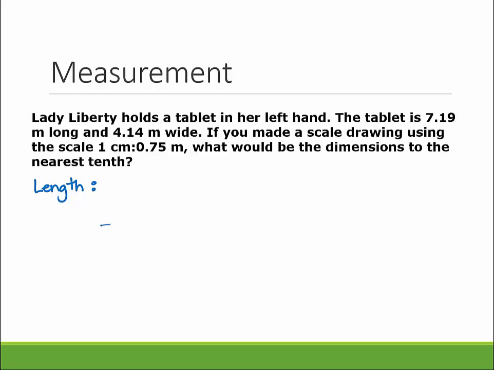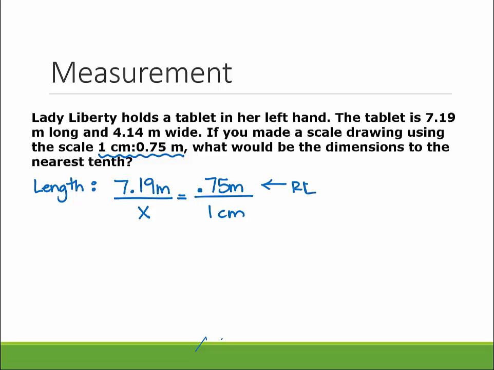So if we talk about length, we know in real life it is 7.19 meters long. We don't know how long it's going to be on our scale drawing, but we know that 0.75 meters is the same thing as 1 centimeter in our scale. And if you notice, they gave it to us kind of backwards, but we're lining up real life and our model.